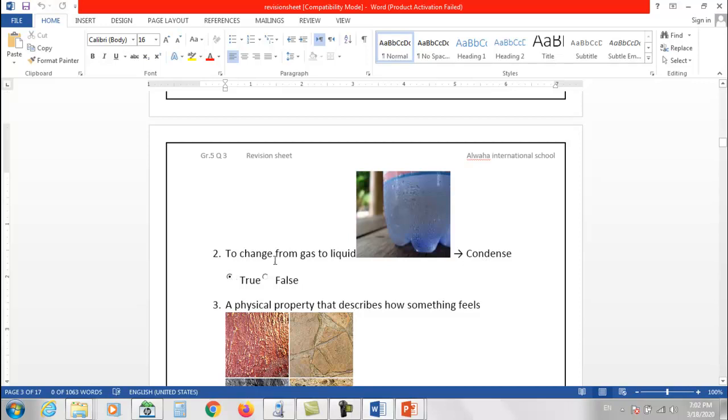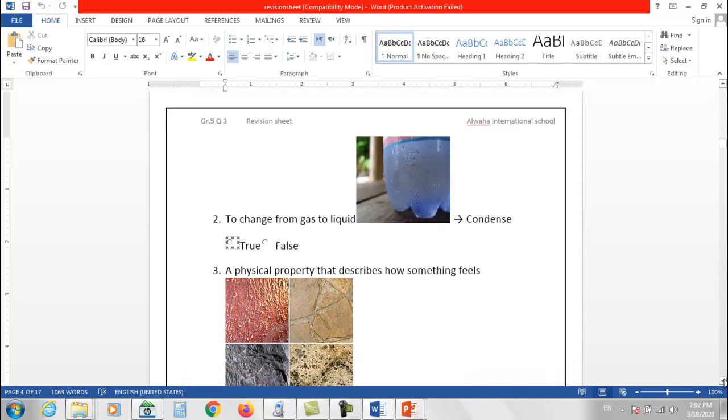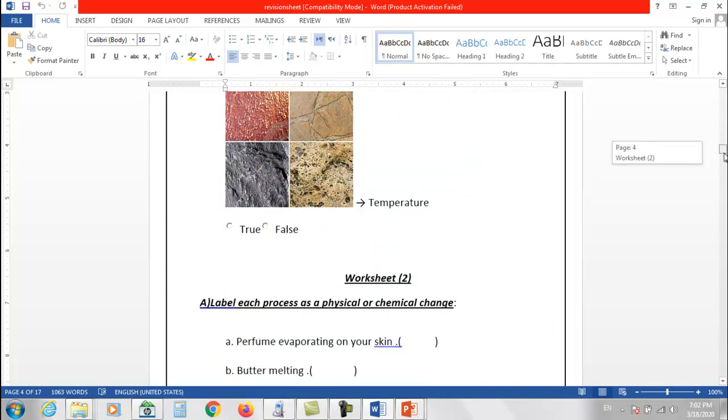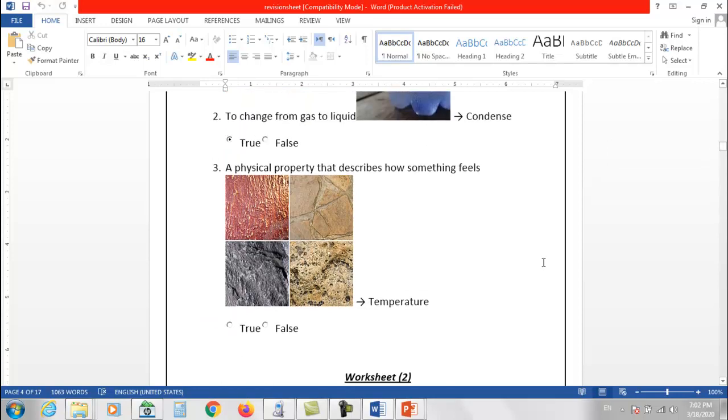Excellent. So the second one will be true. A physical property that describes how something feels, its temperature? Okay, no, it will be texture. Excellent.